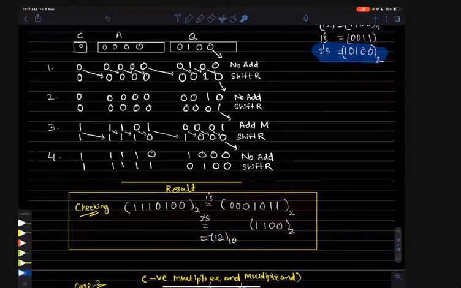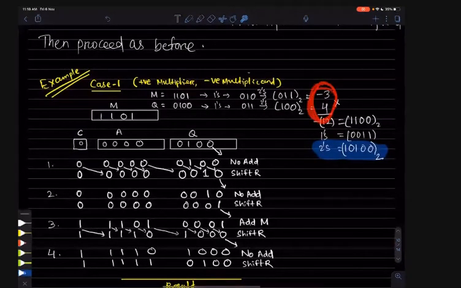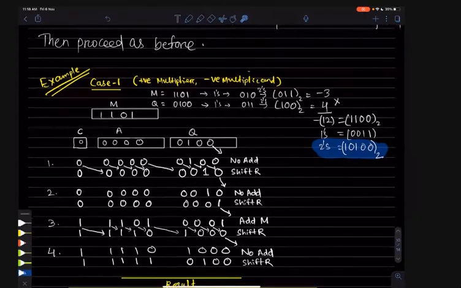So 110 means 12. 12 means we have to give a negative sign here, and it is minus 12. So whenever we multiply minus 3 and minus 4, we will get minus 12. Have you understood clearly?